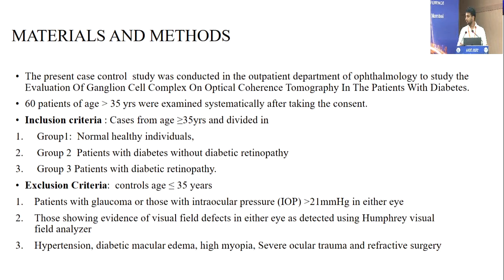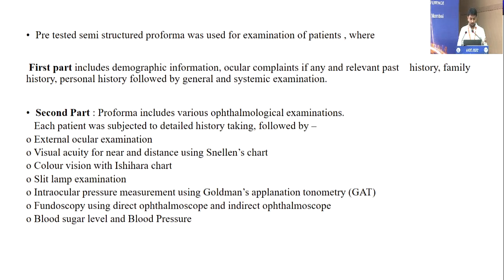In this, we included only early diabetic retinopathy, only the NPDR patients. The exclusion criteria were intraocular pressure more than 21 mm of mercury, those showing evidence of any field defects, hypertension, diabetic macular edema, and high myopia.